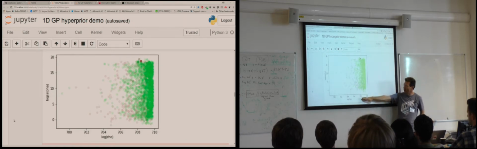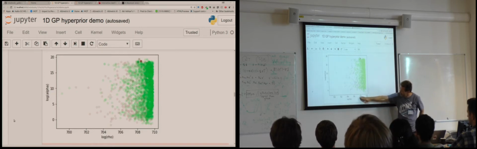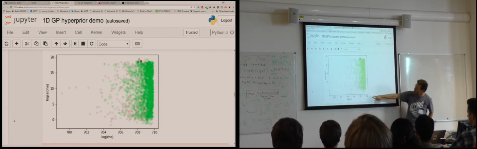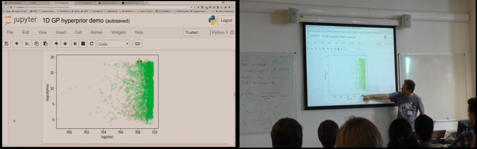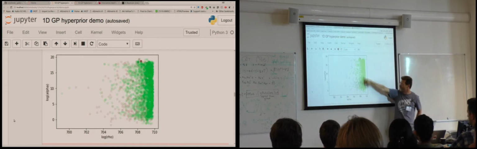This is log length scale, and actually I think these values are more like the length scale values itself, but then it's built in log scale, and these are really large.